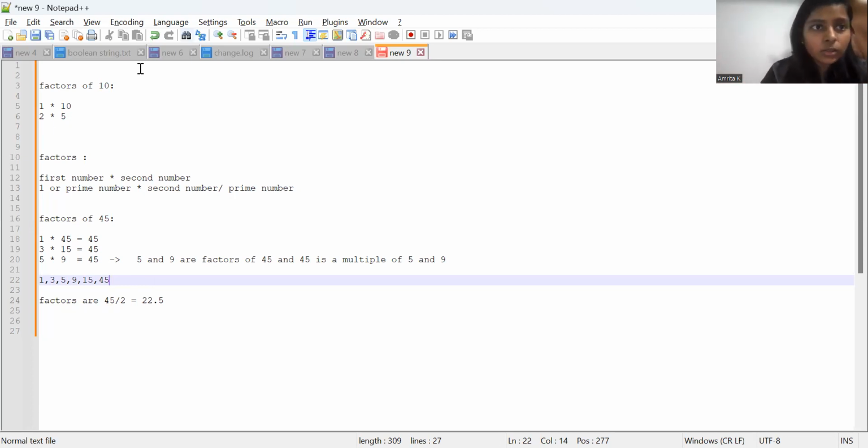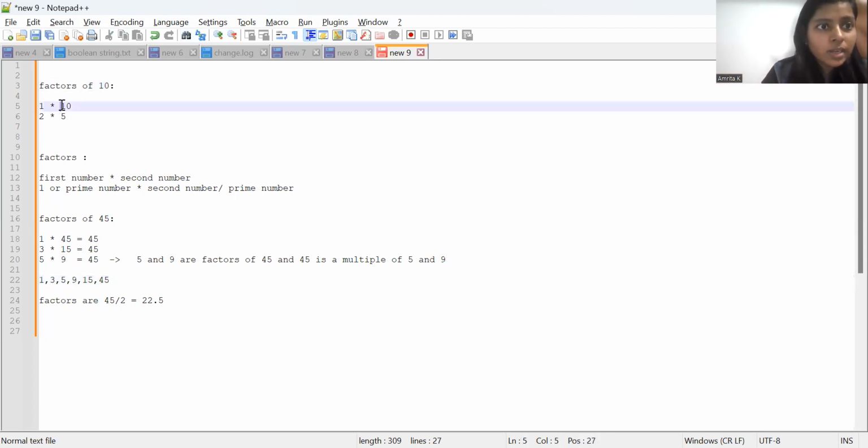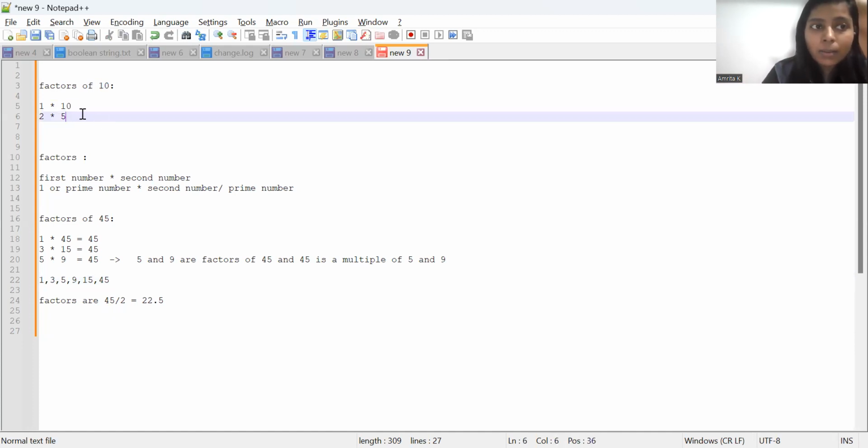So we found the factors of 10 here. 10 has more than two factors. This can be stated by this second line that says 2 into 5 is equal to 10, which is true.